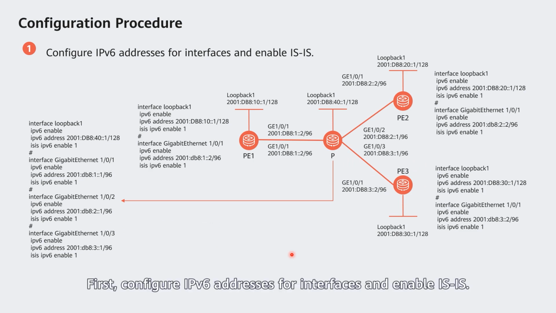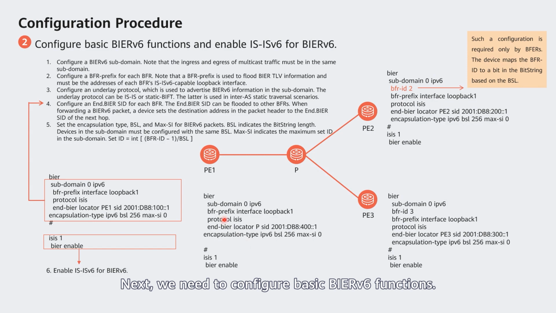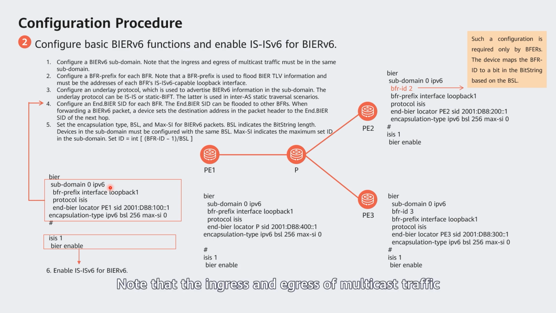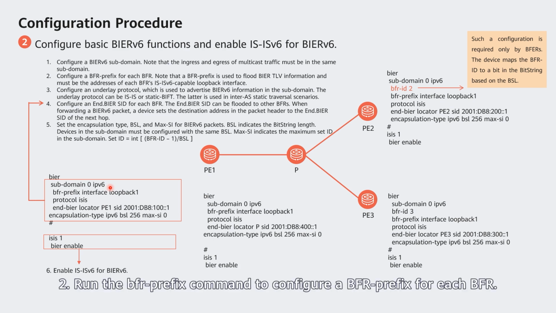First, configure IPv6 addresses for interfaces and enable IS-IS. Next, we need to configure basic BIERv6 functions. 1. Run the subdomain command to configure a BIERv6 subdomain ID for the current node. Note that the ingress and egress of multicast traffic must be in the same subdomain. 2.